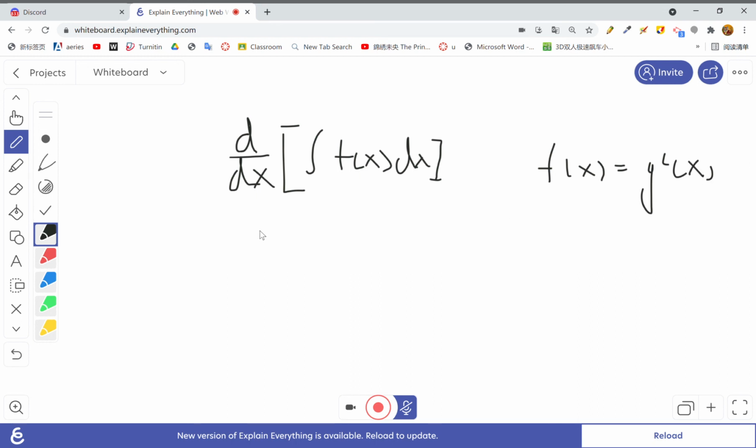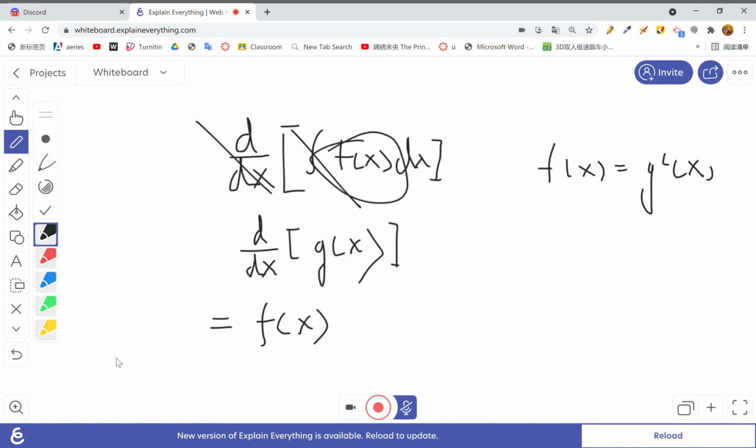Then this is basically just equal to the derivative of g of x, which is equal to f of x. So these two just cancel out and you still have f of x. This is pretty fun.